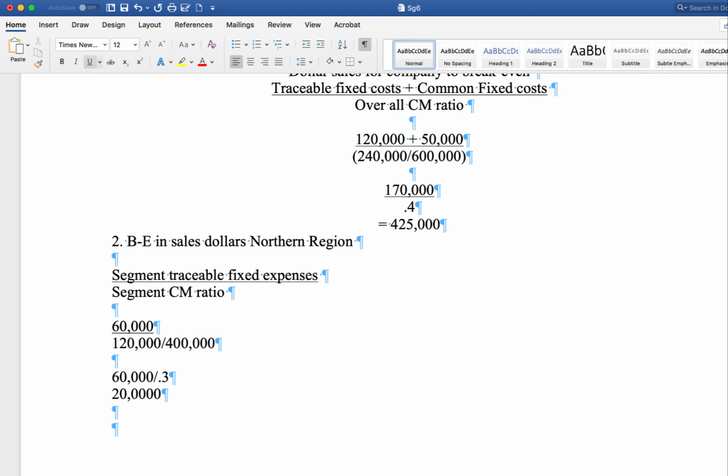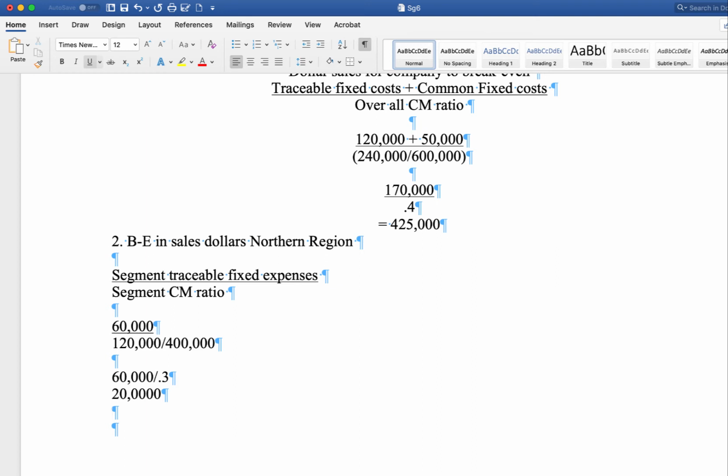Okay, and then you do the same thing for the south region. I'm not going to go through that. I think it'd be a little bit redundant, but you're using the same calculation, right? Segment traceable fixed costs divided by the segment CM ratio. Okay, so those are all of your questions, right?